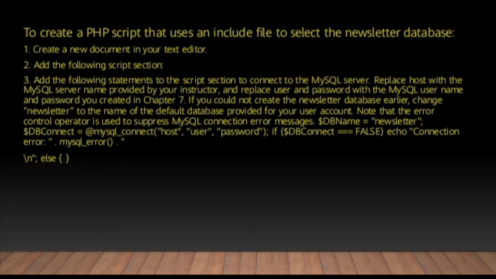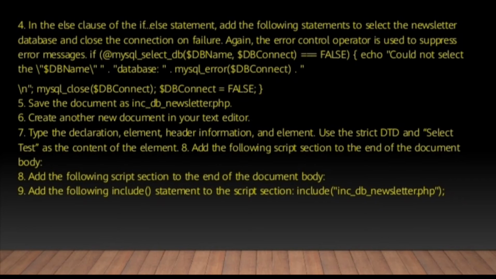Replace host with the MySQL server name provided by your instructor and replace user and password with the MySQL username and password you created. Next, in the else clause of the if-else statement, add the following statement to select the newsletter database and close the connection on failure.